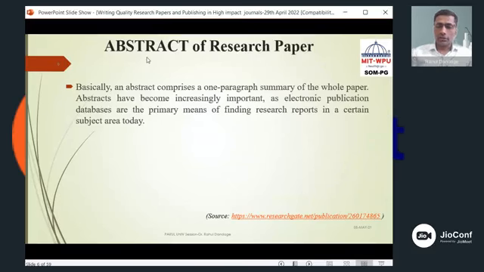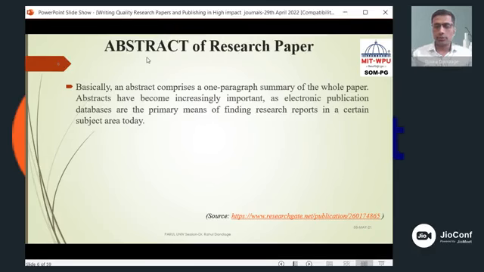Also, most of the journals charge the audience to download a particular paper. So a paper is published, and if I want to read it, I need to pay something and then download it. But in that case also, title, abstract, and keywords are the things which are freely available.